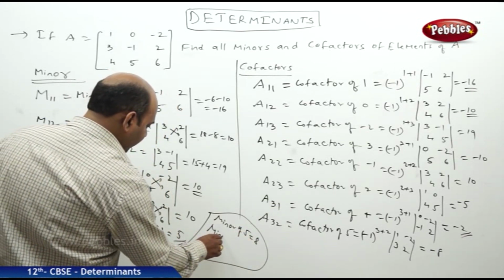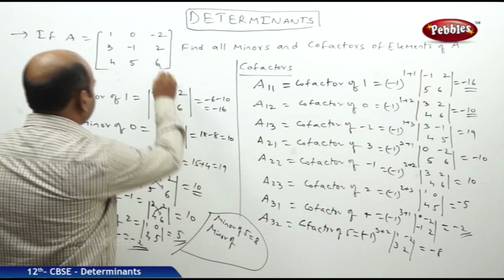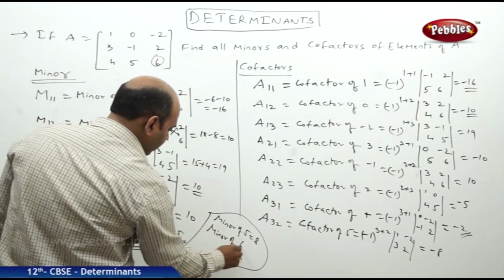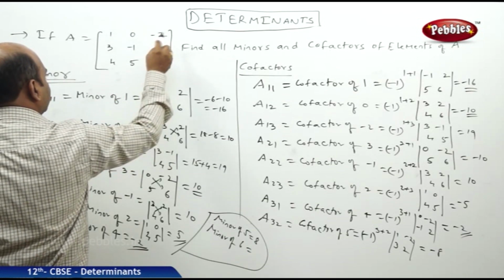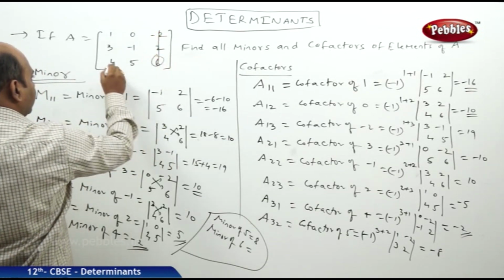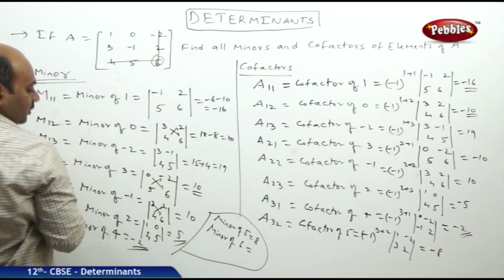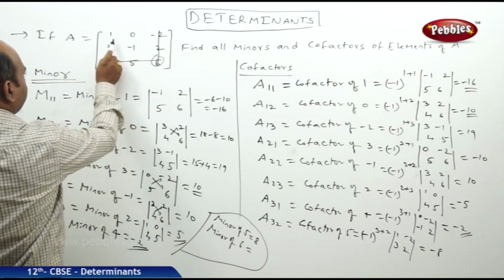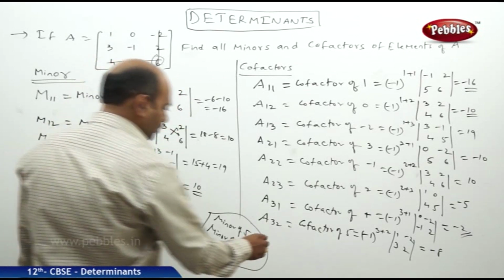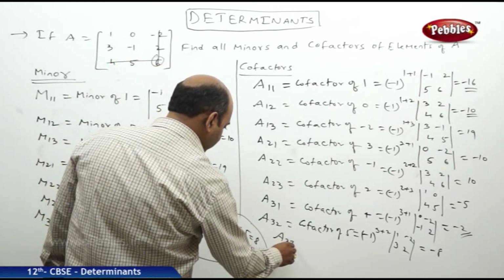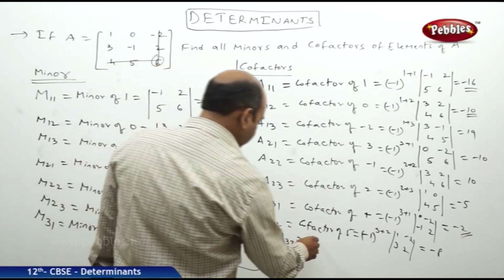Similarly, I need to obtain the minor of the last one, 6. Minor of 6 means we need to delete the corresponding row and corresponding column. So directly I am doing here. So what happens? I think determinant of this is minus 1 only, no? So it will be minus 1. So what will be our cofactor? Copy carefully.